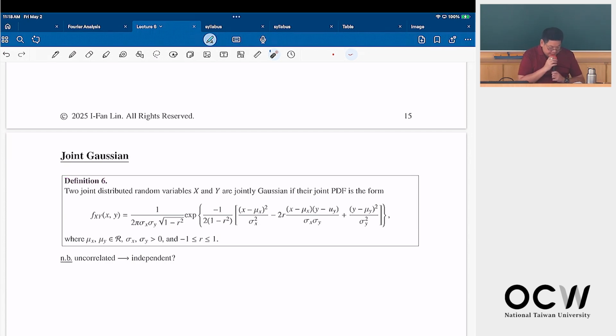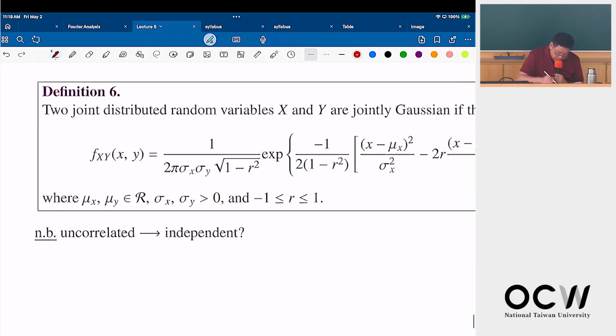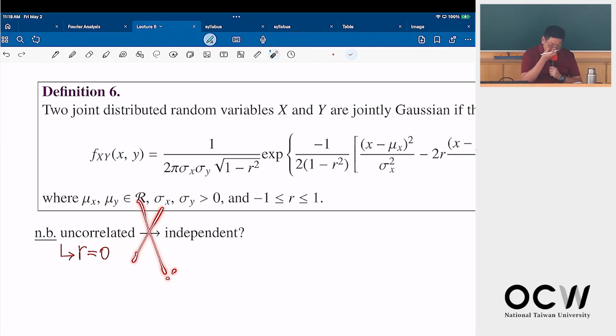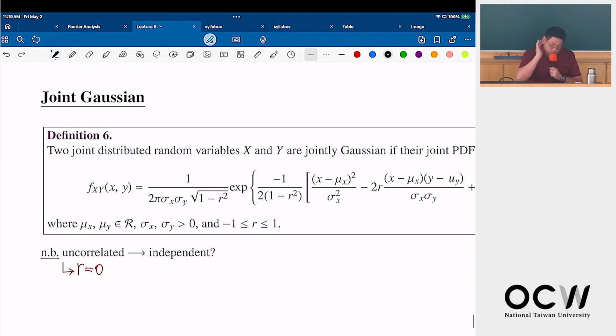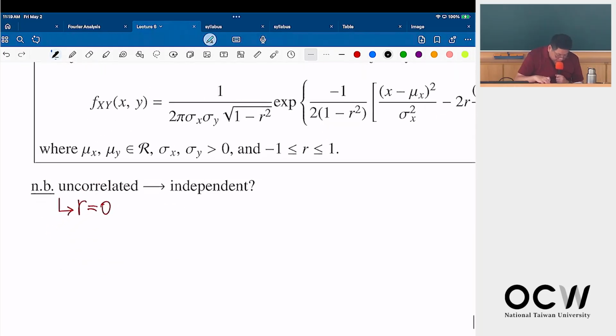So first, let's see. We learned that if it is uncorrelated, does that mean it is independent? Uncorrelated means the correlation coefficient is 0. Normally it is not true, right? We proved this. Let's see this for joint Gaussian.